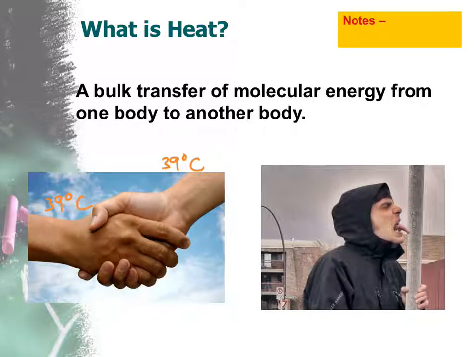So you could say some molecules are transferring energy from the brown hand to the white hand, but there's also the same amount of transfer from the white hand to the brown hand. And so there is no net transfer of energy. So in this case, when temperatures are equal, there is no heat transferred.